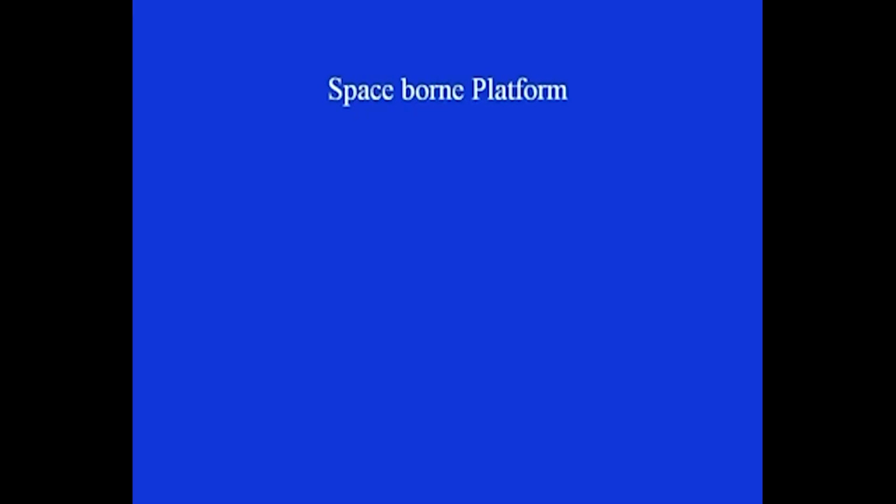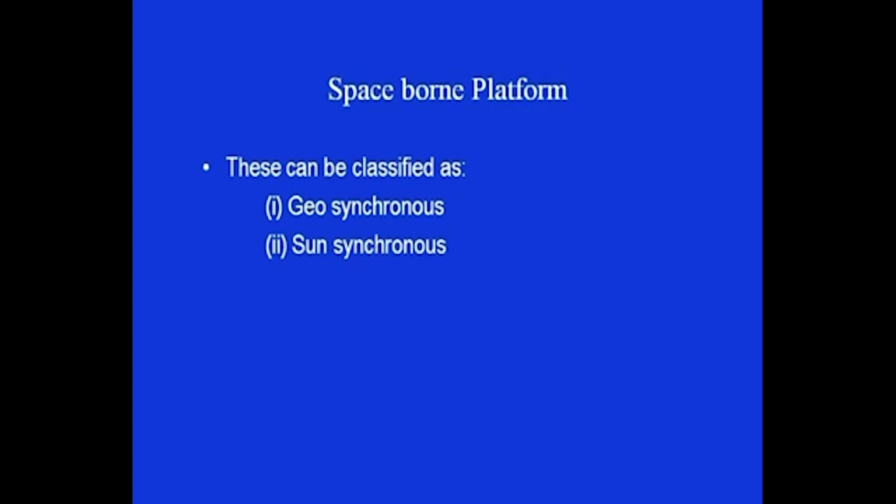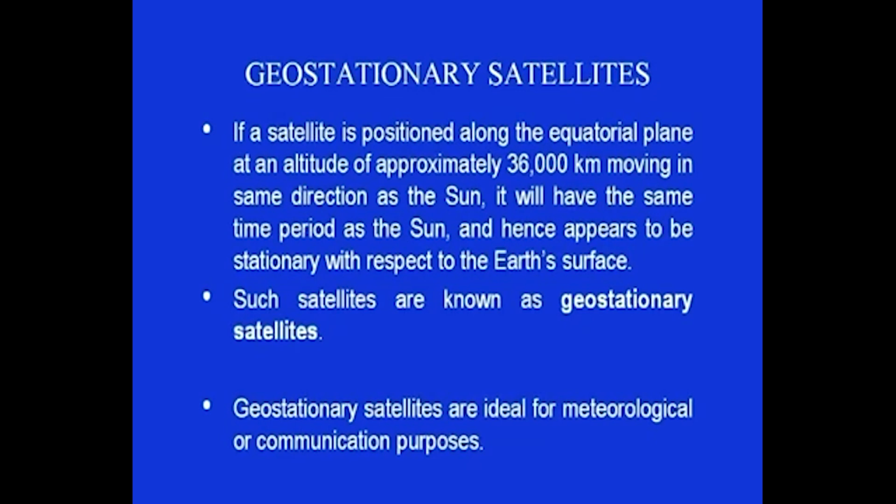The spaceborne platform can be classified into two categories. First is geosynchronous and the second is sun-synchronous. Geosynchronous satellites: if a satellite is positioned along the equatorial plane of the Earth at an altitude of approximately 36,000 kilometers, moving in the same direction as the Earth, it will have the same time period of revolution as the Earth, and hence the satellite would appear to be stationary with respect to the Earth's surface.